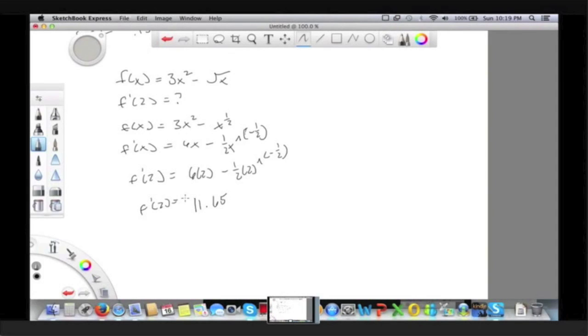As the value of x increases from 2 to 3, the value of the function increases by 11.65. That's approximately 11.65, not exactly. Or, using your calculator, it would increase by approximately 11.646444661. The derivative only gives us the approximate change.